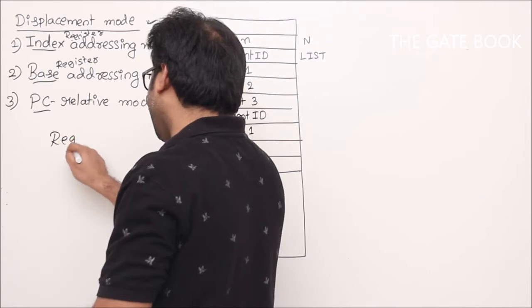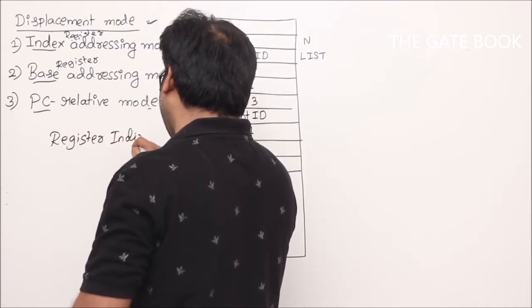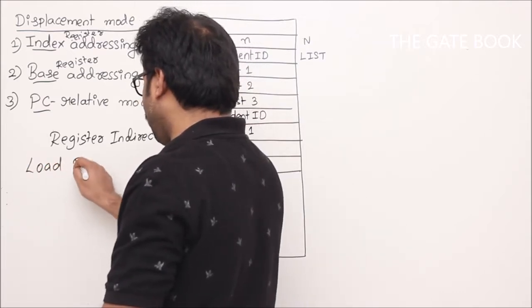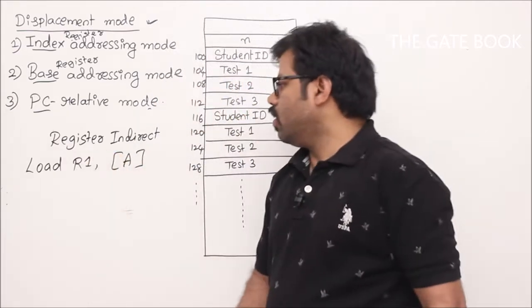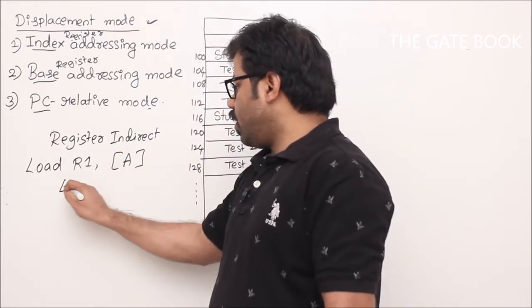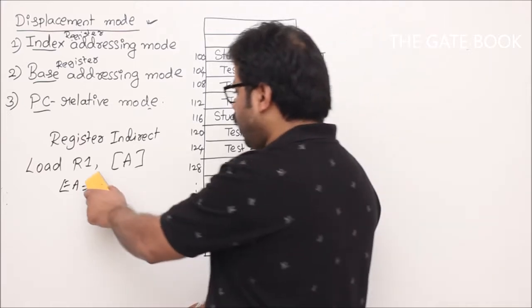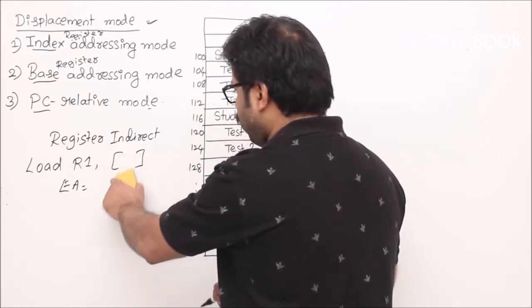For example, if I have register indirect, in register indirect, what is the effective address? An instruction of register indirect is Load R1, A, this kind of thing. Now, what is the effective address? Is the effective address A? No. Sorry, we don't write like this.